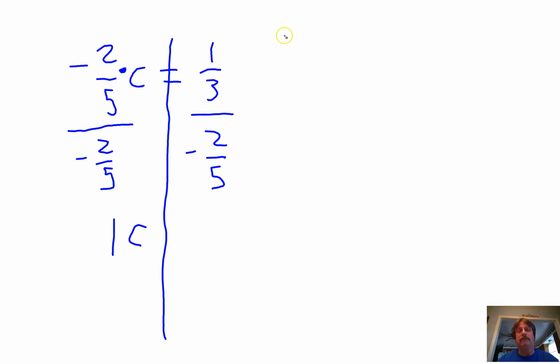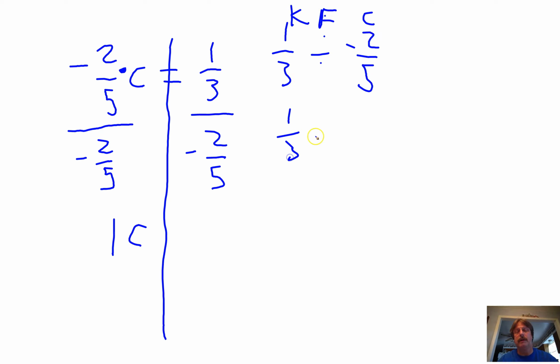I'm going to rewrite this in the format that I better understand, a complex fraction. That's one of the things you have to recognize. So 1/3 KFC, keep, flip, change. First term, 1/3, going to multiply by 5 over negative 2.